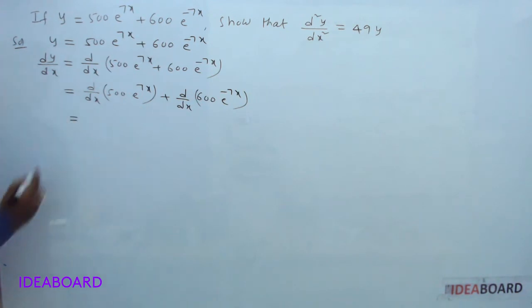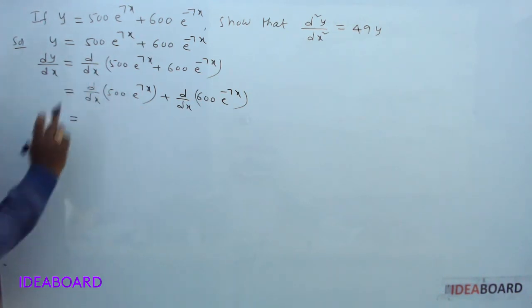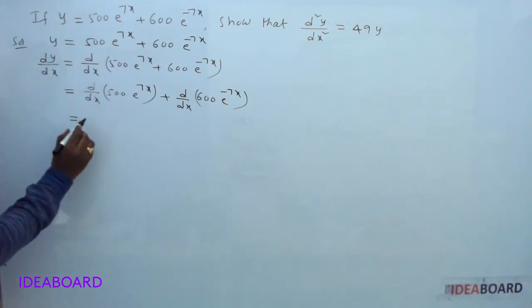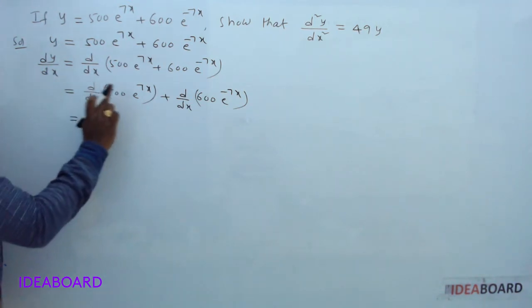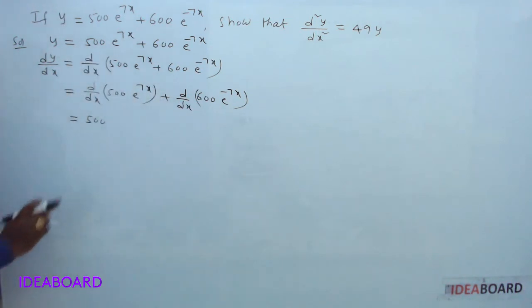Now here 500 is the constant term, so it can be expressed as 500 into derivative of e^(7x).